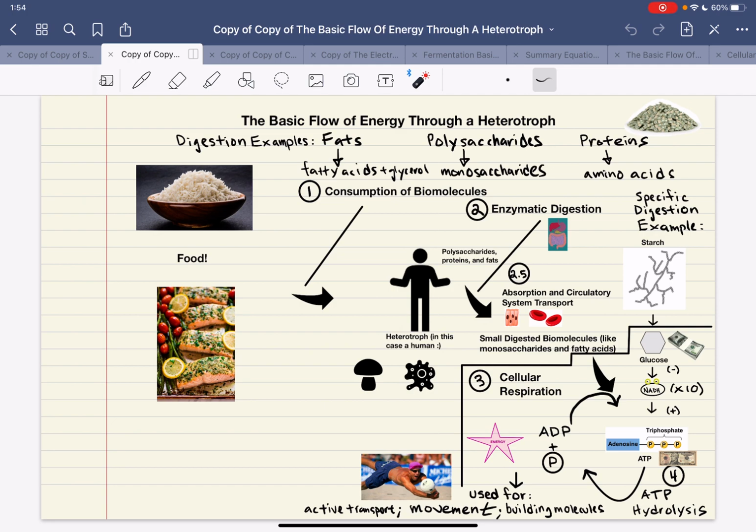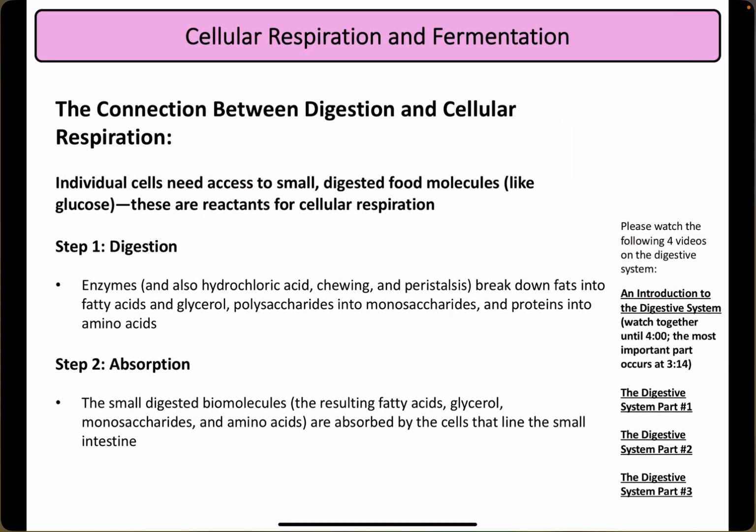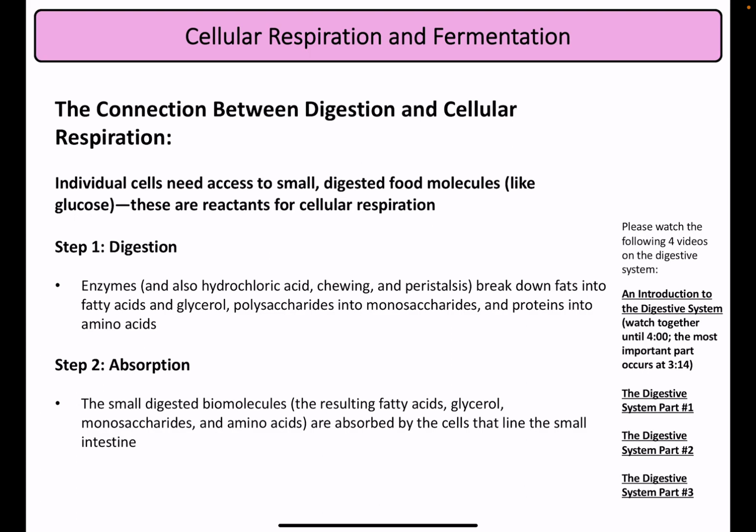Because cellular respiration is not the breakdown of food. It's the breakdown of small, digested food molecules. Okay, so we're going to start here and work our way here. So the first step is to digest your food.